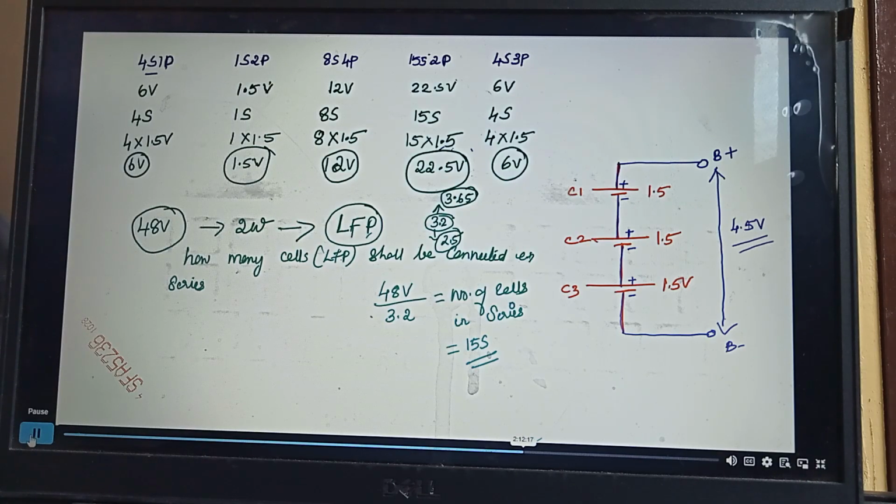Any doubt in calculating the battery pack voltage using the configuration, by knowing the total voltage to calculate the number of cells connected in series? Any doubt? Anything so far? Doubts?